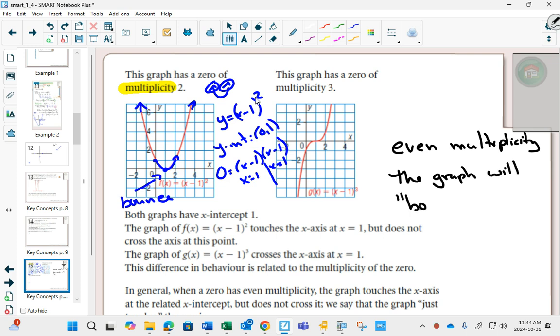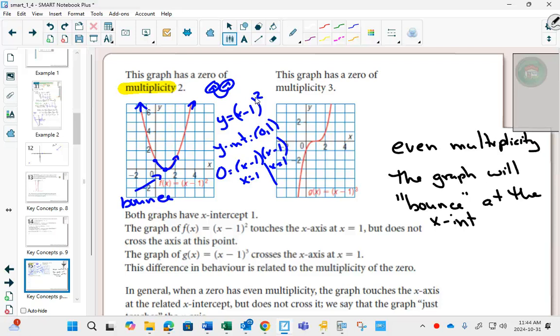Now, I'm putting bounce in quotation marks because it's not a mathematical word, it's just a describing word to describe what happens at the x-intercept. And we can see this easily in a graph that we already knew, which was our parabola.